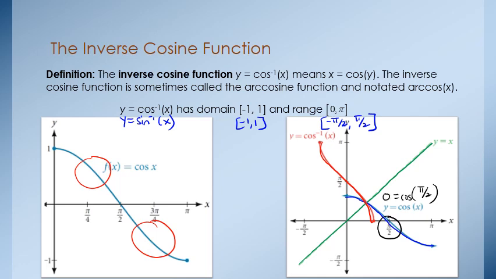So if we really have found a cosine inverse function, then what we should be able to say is that cosine inverse of 0 is equal to pi/2. And sure enough, if I move 0 units on the x-axis as my input, I see that I am up at pi/2 for my output on my inverse function.